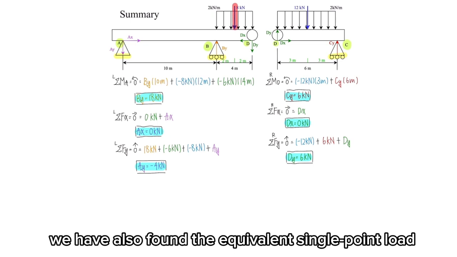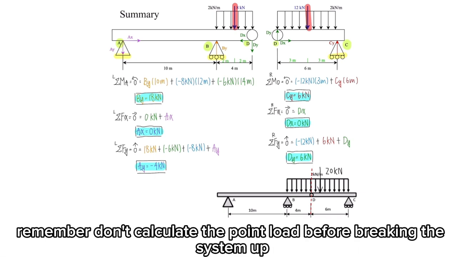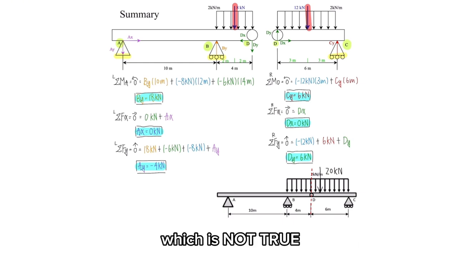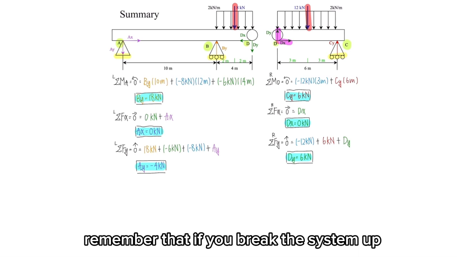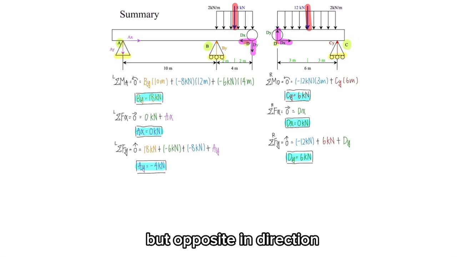We have also found the equivalent single point load. Remember, don't calculate the point load before breaking the system up. It will result in the force only appearing on one side of the system, which is not true. Remember that if you break the system up, the set of forces will be equal in magnitude but opposite in direction.